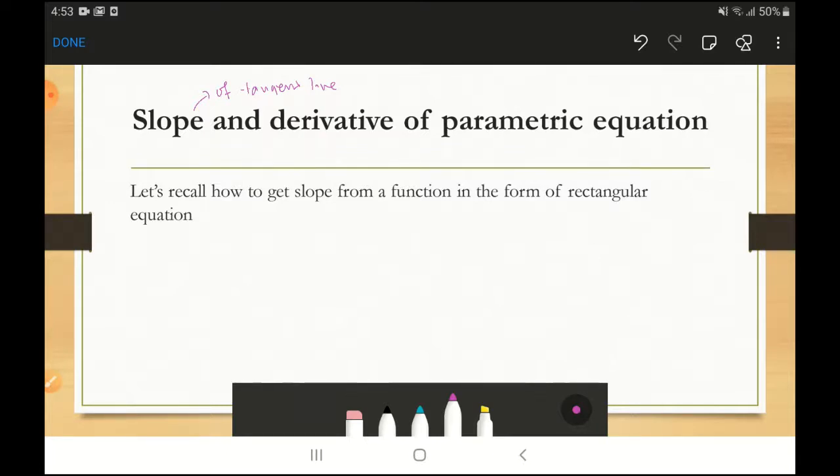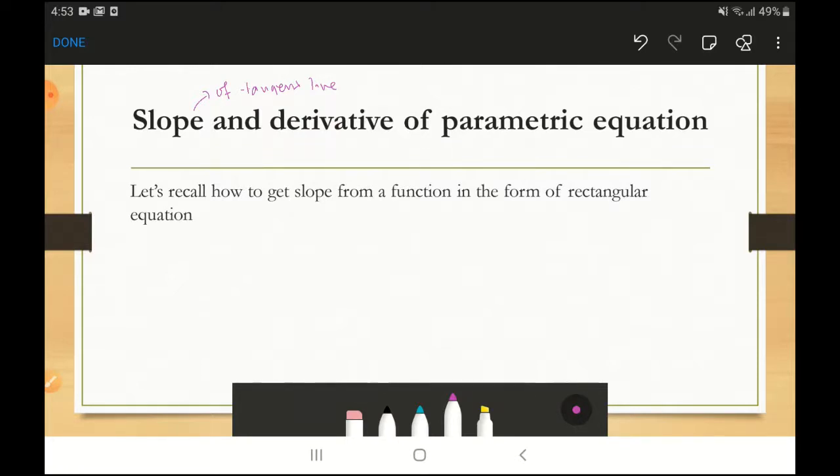Now let's recall first how to get slope from a function in the form of a rectangular equation. You know that in previous topics of calculus, we learned about derivatives. We know that the derivative of a function at a certain point is actually the slope of the tangent line of that curve at that particular point.